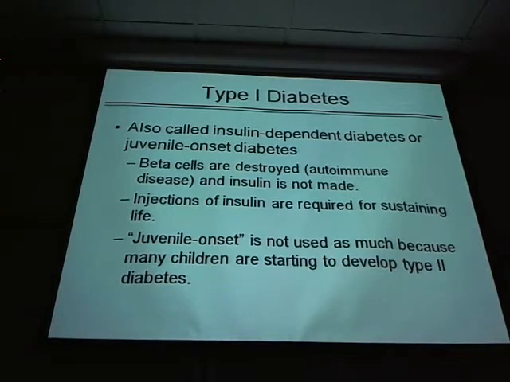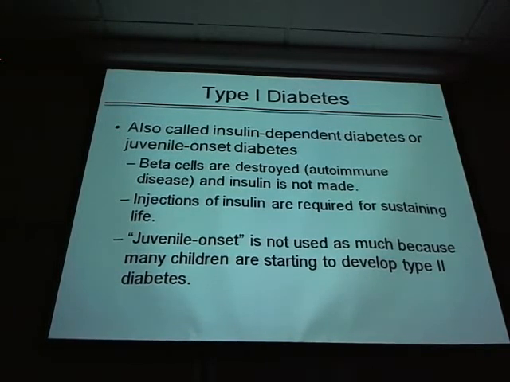Okay, type 1 used to be called juvenile. Type 1 is probably an autoimmune problem. You just aren't making the insulin. The islet beta cells of the islets have been attacked. We've changed that from juvenile onset to type 1 because we have so many obese juveniles now that juvenile onset could be a type 1 or a type 2.